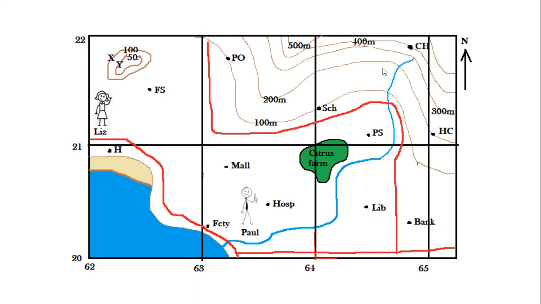Now, let us assume that they are going across by a distance of 600 meters.